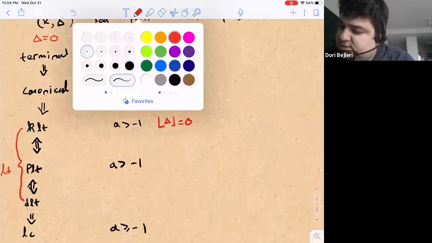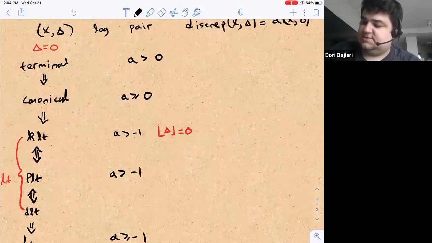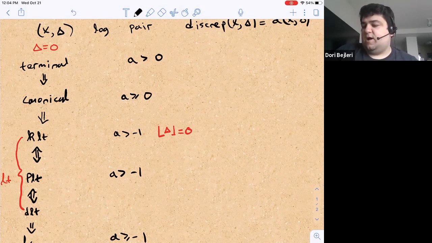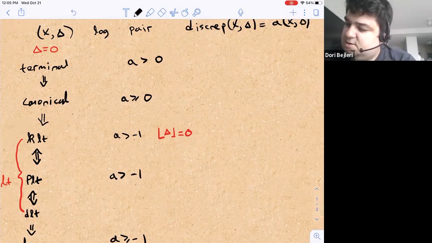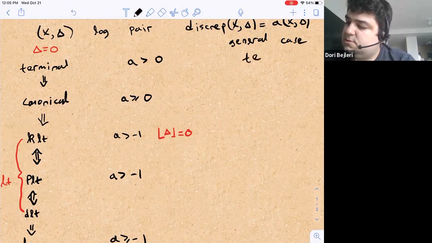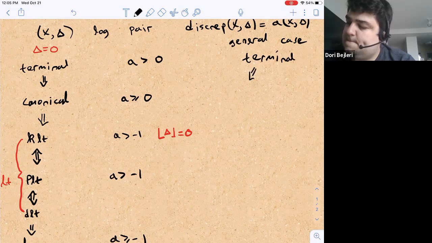But when there is a boundary, it's slightly more complicated. There's just one implication that I said that's not true, and it's exactly this canonical implies KLT one because of this round down condition. So in the case where the boundary is not empty, so the general case, we have terminal implies canonical, and terminal implies KLT.